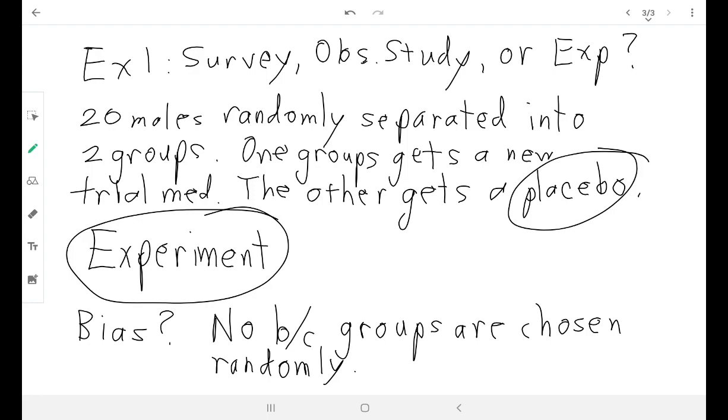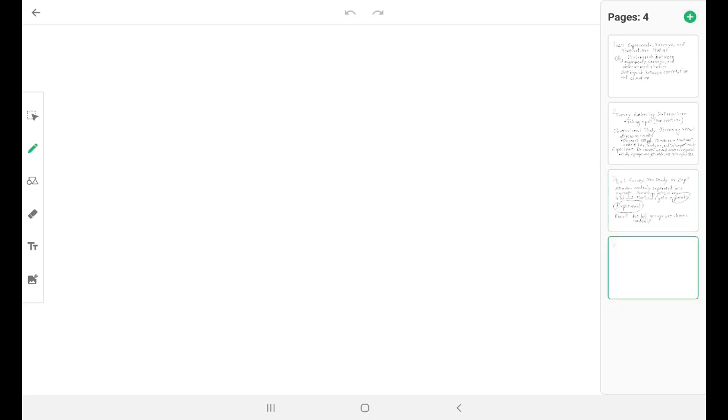As long as you're choosing things randomly within the context of what you want to study, as long as you're choosing your groups randomly in an experiment, then you've got a pretty good chance of it not being biased. Whether you're actually choosing them randomly is always an interesting question. So let's go to our next board and let's talk about example 2 here.